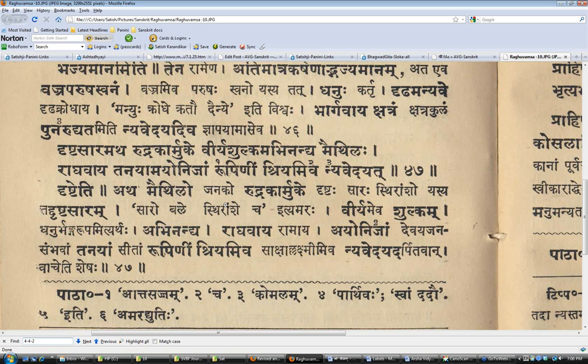So let's go to Virya Shulkam for a second. What's the Virya Vakyam? Dhanurbhanga Rupam. No, the Virya Vakyam is here before. Oh, Viryam Eva Shulkam. So we should know this is a karmadharaya compound, because Viryam Eva Shulkam.